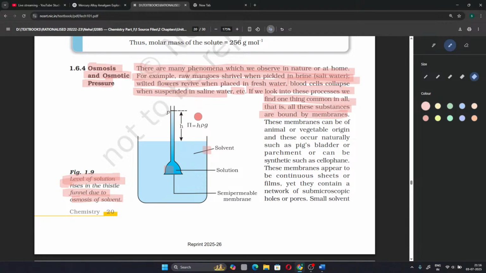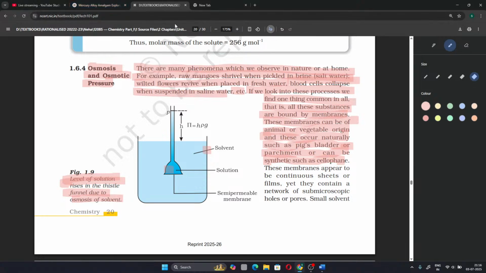So this should increase. These membranes can be of animal or vegetable origin, and these occur naturally such as pig's bladder or parchment, or can be synthetic such as cellophane.